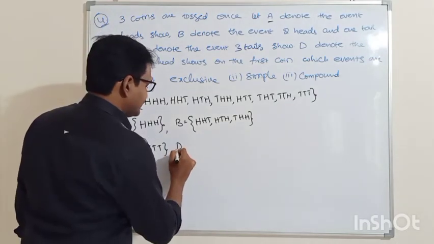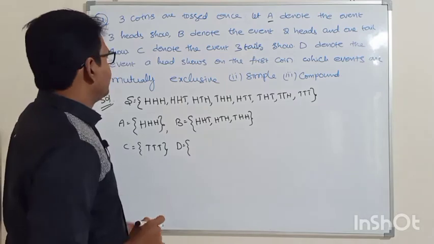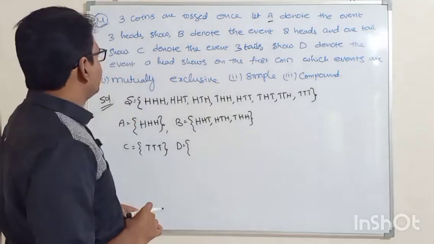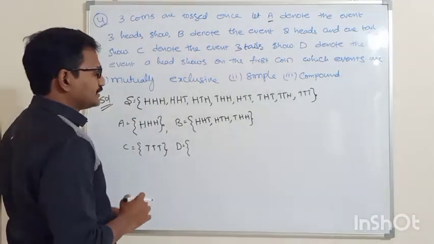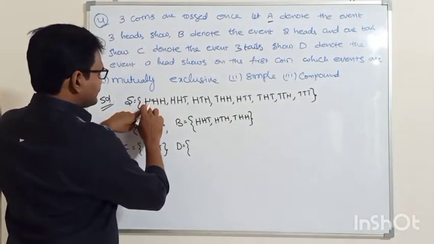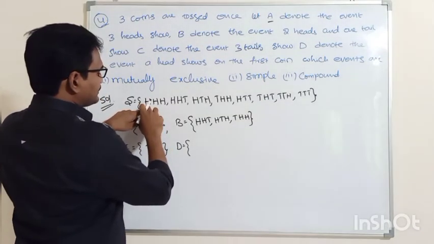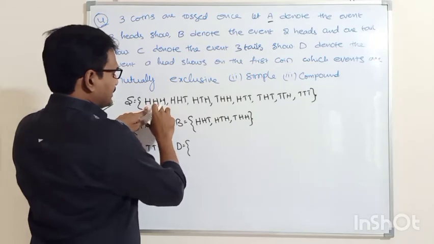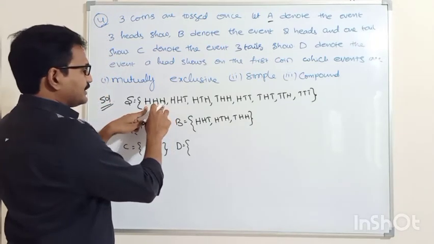Next, what is event D? Event D denotes a head shows on the first coin. If you observe, the first H denotes the first coin, the second H denotes the second coin, and the third H denotes the third coin.